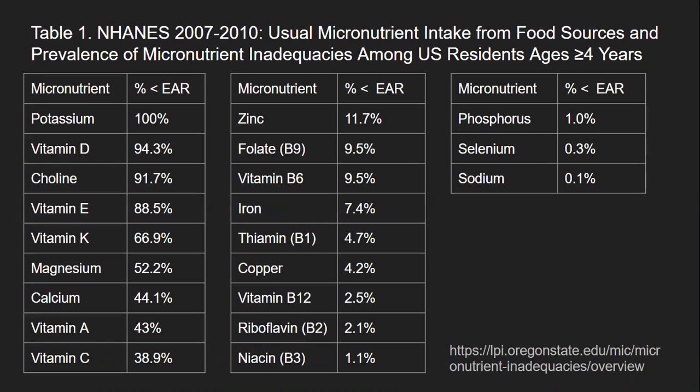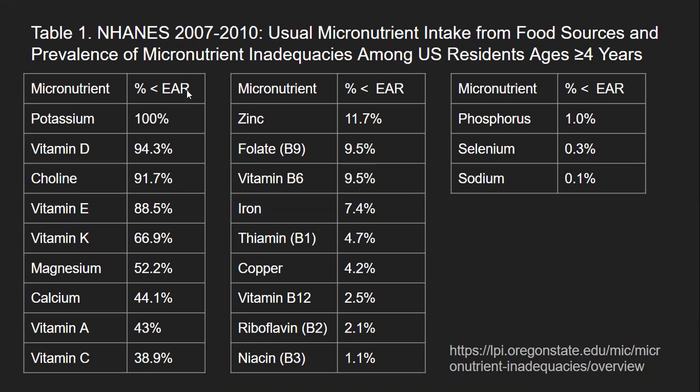So, an example of application of EAR. This is a NHANES study. They did a survey of around 16,000 US residents, I believe, and they found that there's a prevalence of micronutrient inadequacy among US residents age 4 and up.